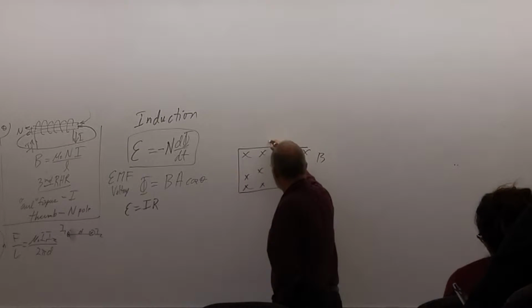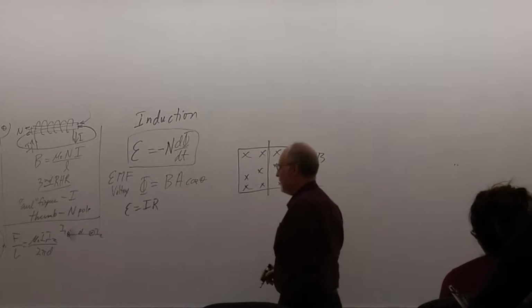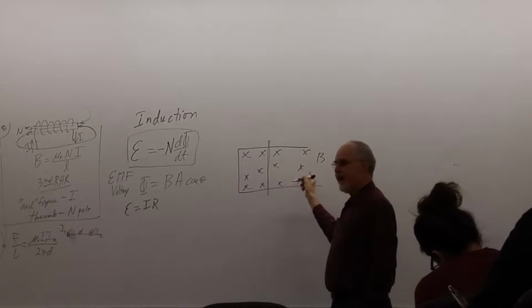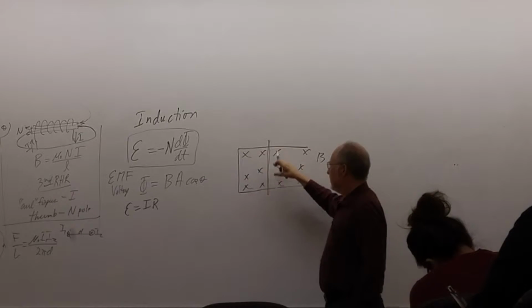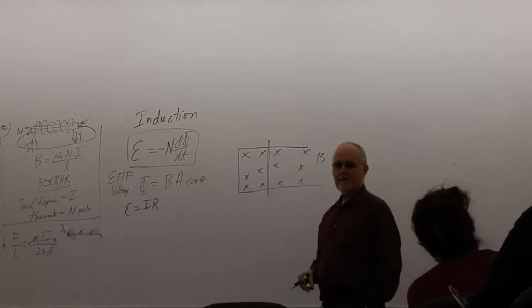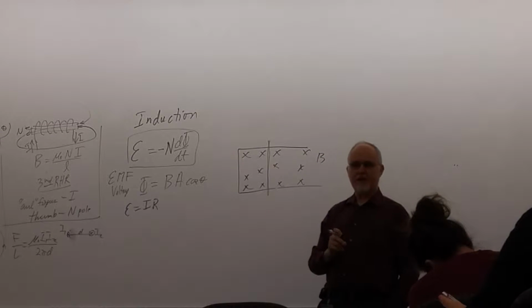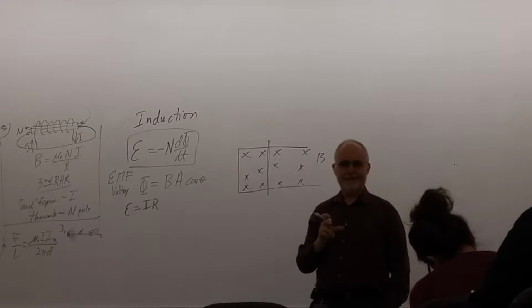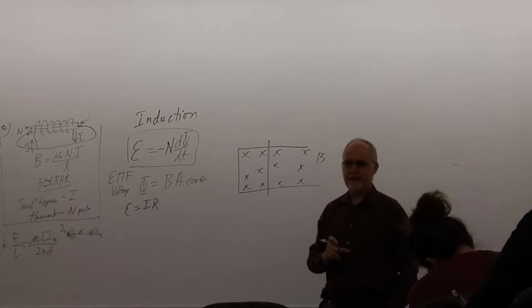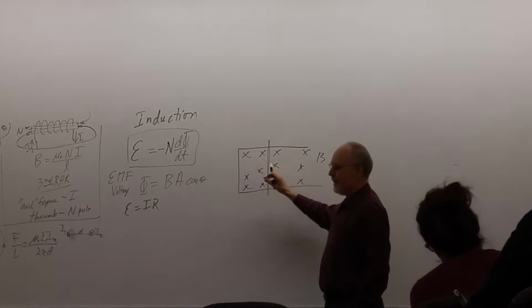I've got another wire right here, and this wire can slide along these two wires. But they're connected electrically. They're not insulated from each other or anything. They're touching each other electrically. And this one's going to slide.